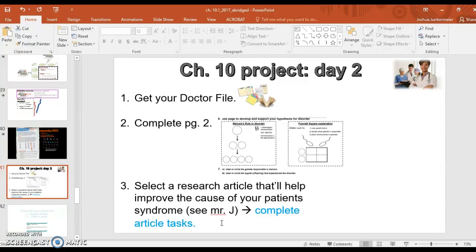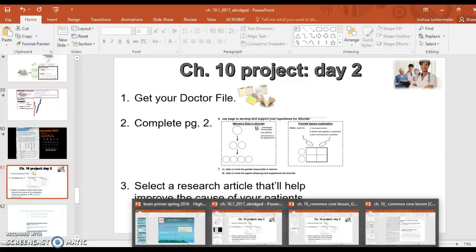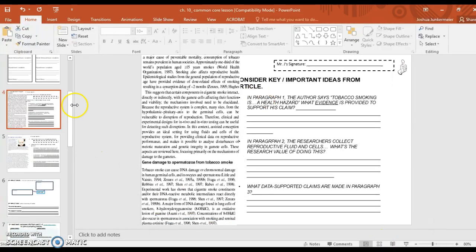So what you're going to do is review your parent history and decide what's a more valuable article for you to read. I have 2 articles provided, and they'll be on the counter for you.